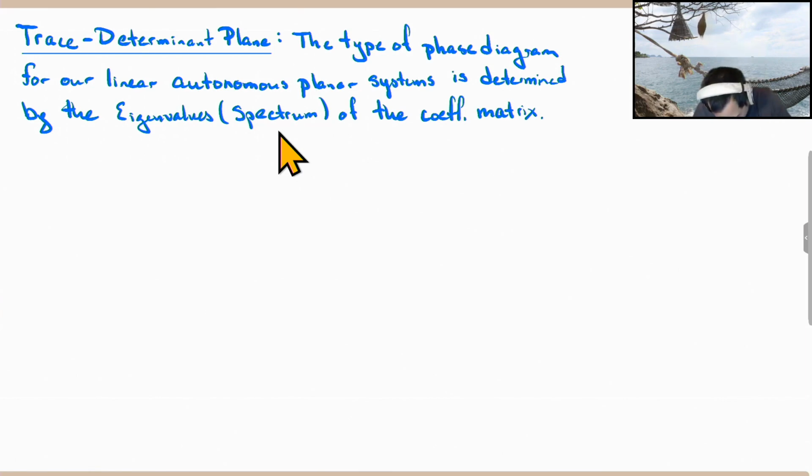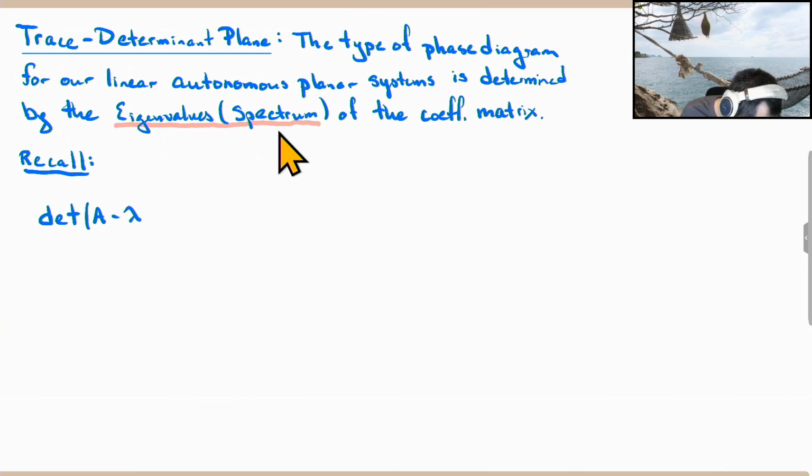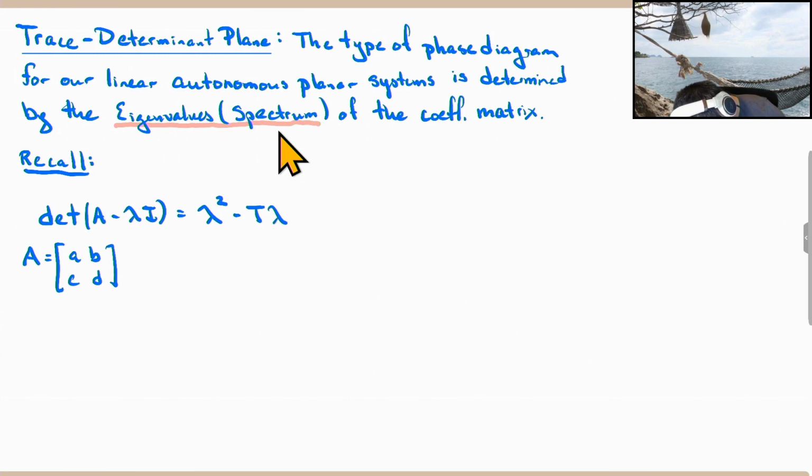Okay, so if we just want to study the system, not in fine detail, just an idea, a mugshot of what's going on here, then we just need to consult the eigenvalues. But recall that the determinant of the coefficient matrix A minus lambda I, where A is equal to little a, little b, little c, little d, is equal to lambda squared minus the trace times lambda plus the determinant, and I set that equal to 0.